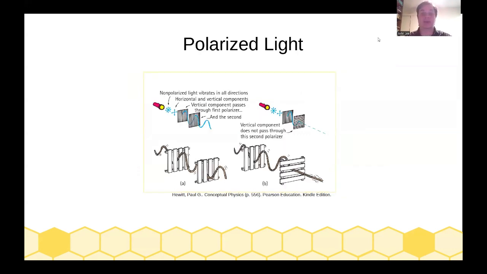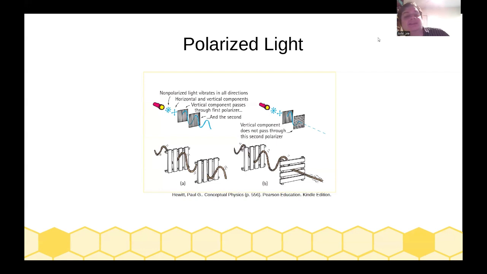Another thing I want to talk about is polarization, where initially, if you have a lot of light coming out of a flashlight or something, the overall polarization of the flashlight is going to be no polarization. So the electric field can oscillate up and down, or it can oscillate side to side, or it can oscillate in some combination of these two.